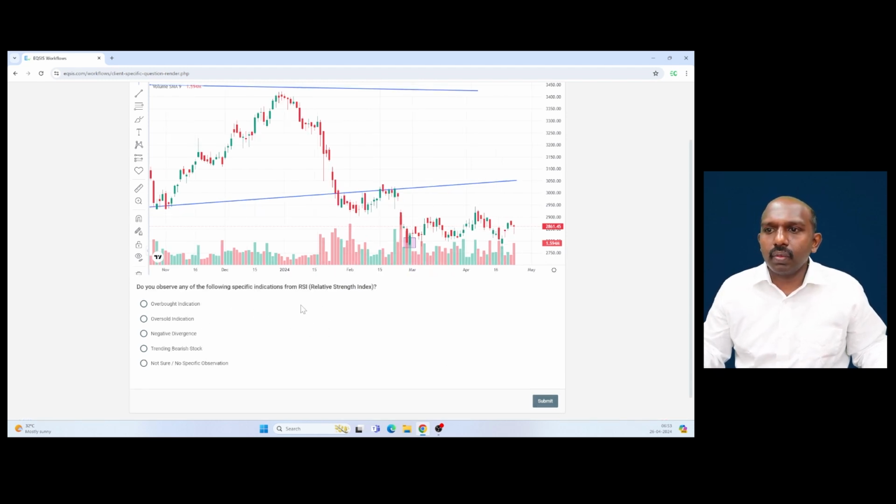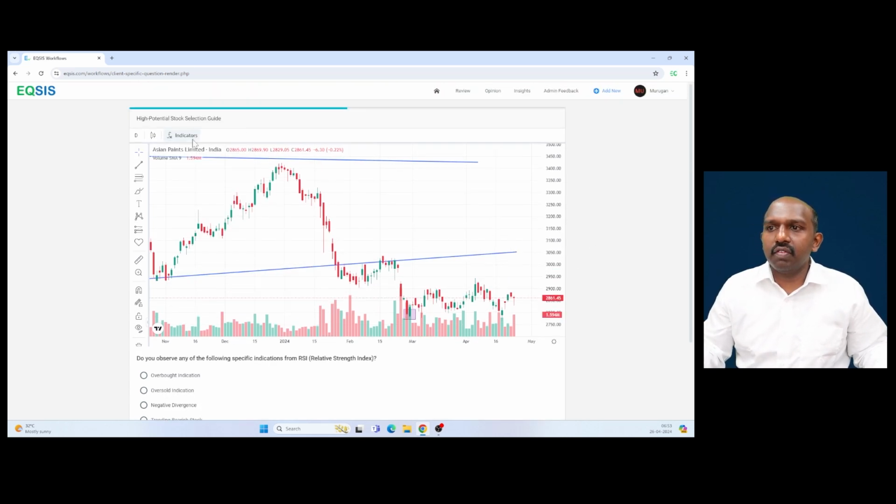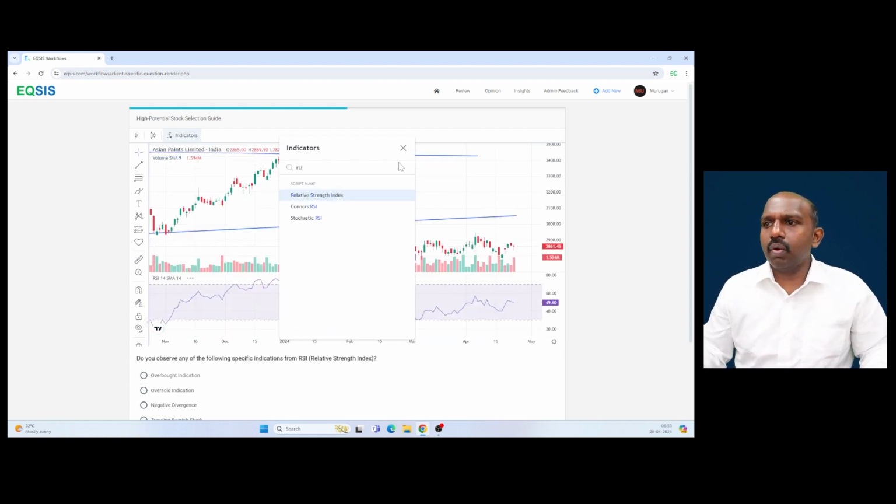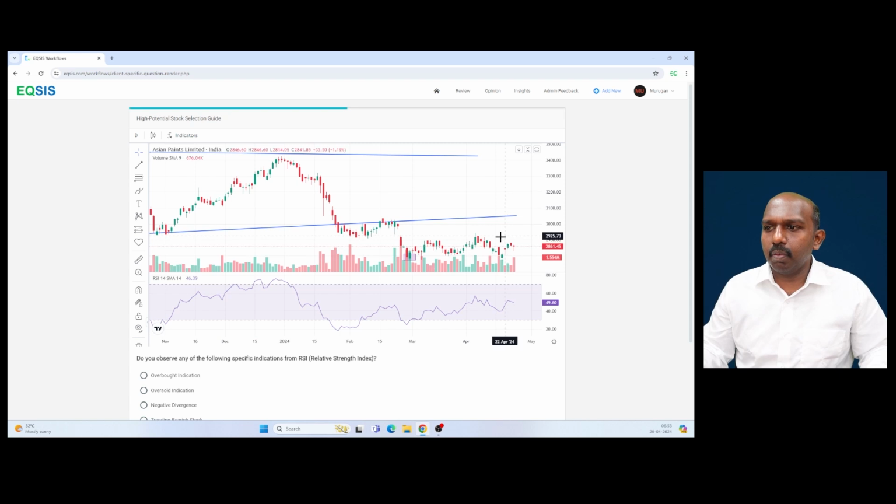Do you observe any specific indication from RSI? Let's try and apply RSI, if there is any factor available. It's always good to apply each and everything to see if there are any opportunities available.